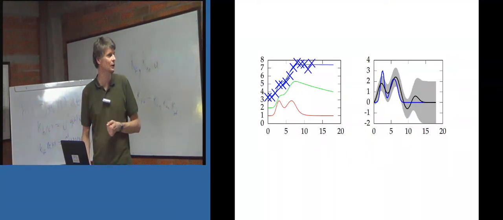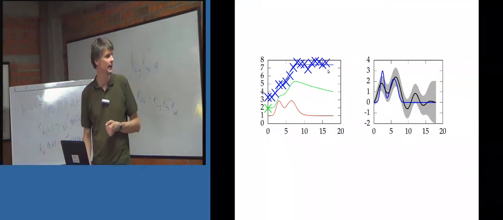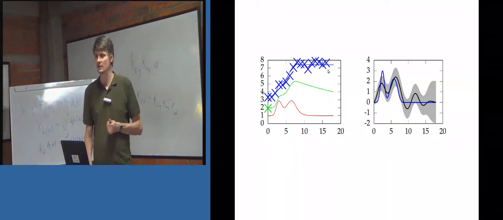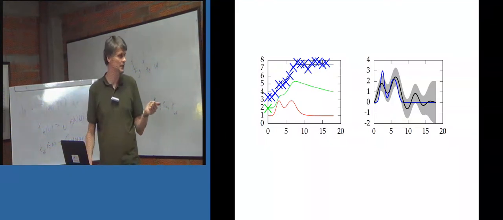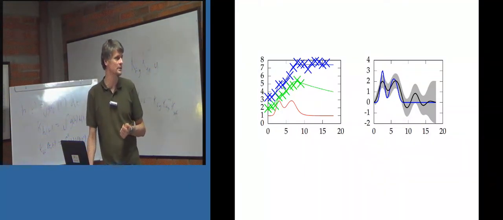So sometimes it hallucinates bumps that aren't there. You see this noisy point here? That causes it to hallucinate a downward bump. Yeah? So you get the idea? So this is the inference over f of t, or we've called it p of t here, because it's protein. But let's think of it as f of t as we introduce new points.